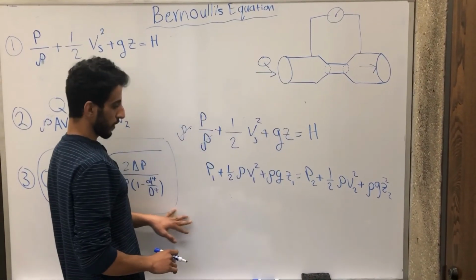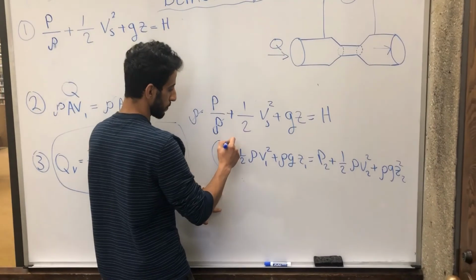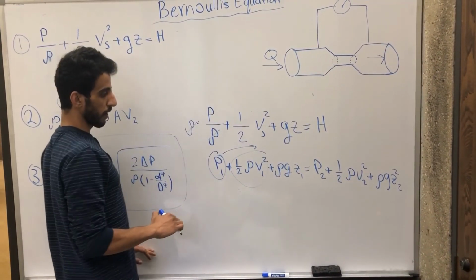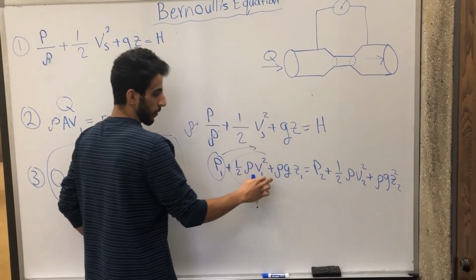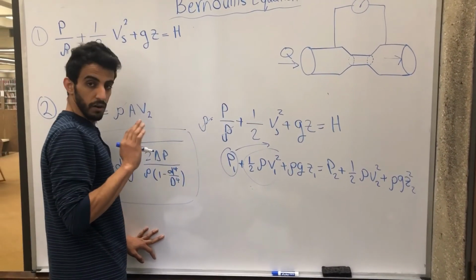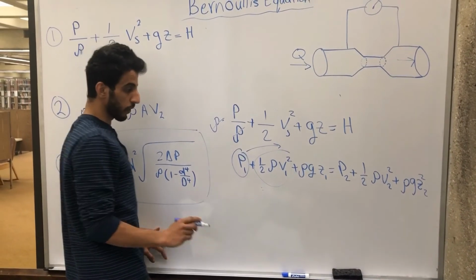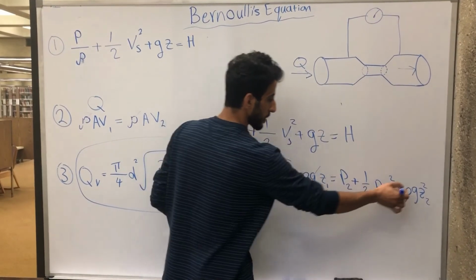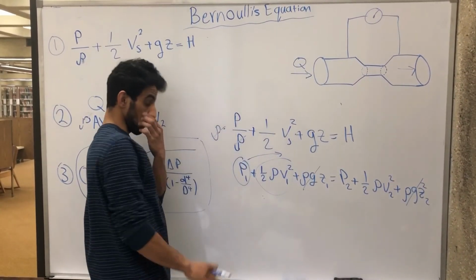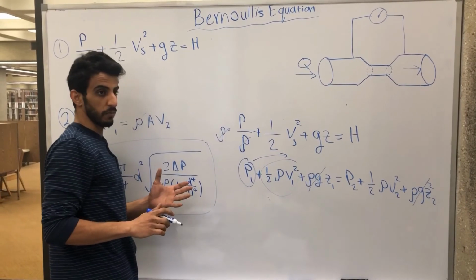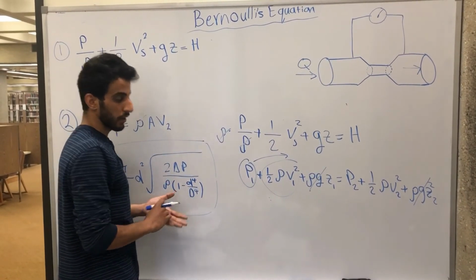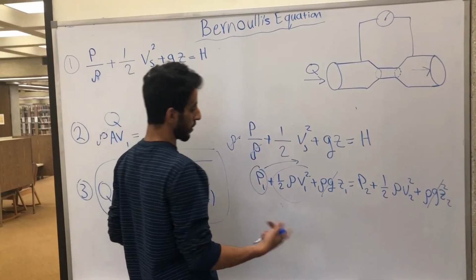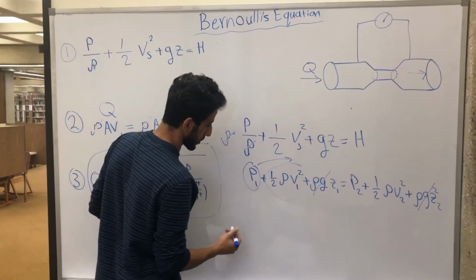Now I'm going to find the differential pressure, so I'll move the P1 there and this one there. But before we do the movement, I want to mention that we are working in a steady state situation, and we are considering that there is no difference in height, so these basically cancel each other. Also the density, when it's in steady state and incompressible, is the same, which means the density at the inlet equals the outlet, so they cancel each other.